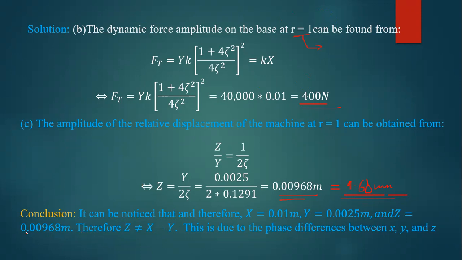X minus Y is 0.01 minus 0.0025, which gives us 0.0075. It is not 0.0096.